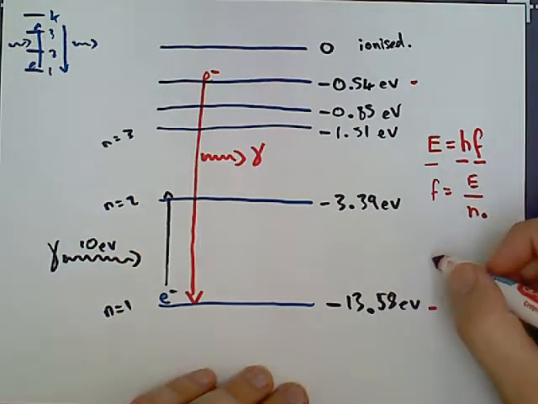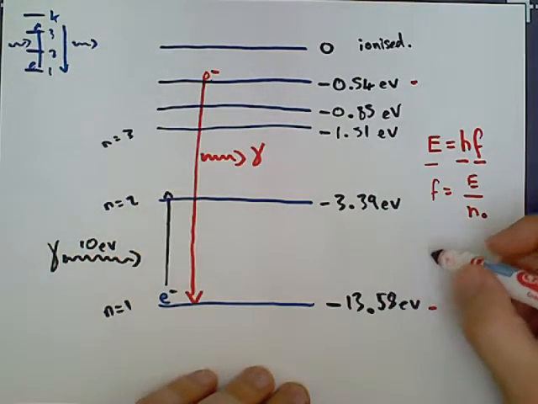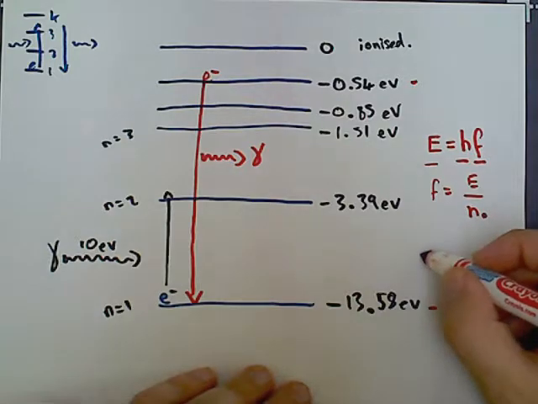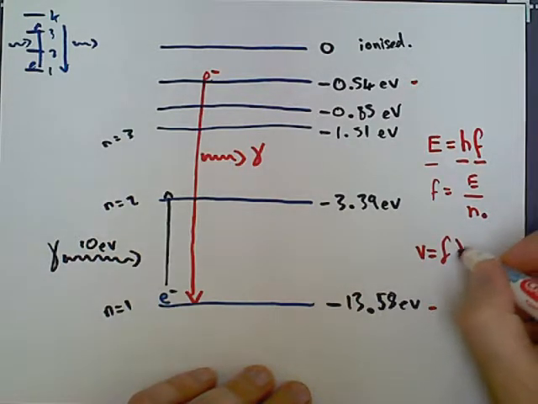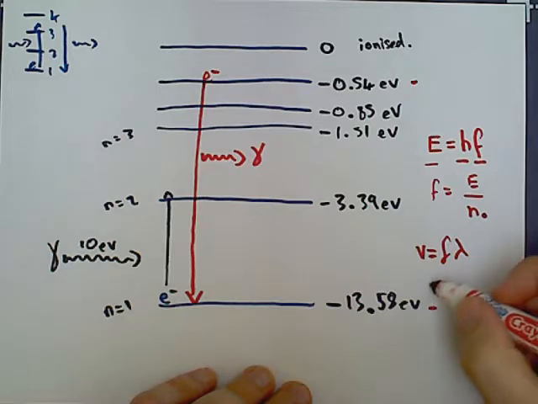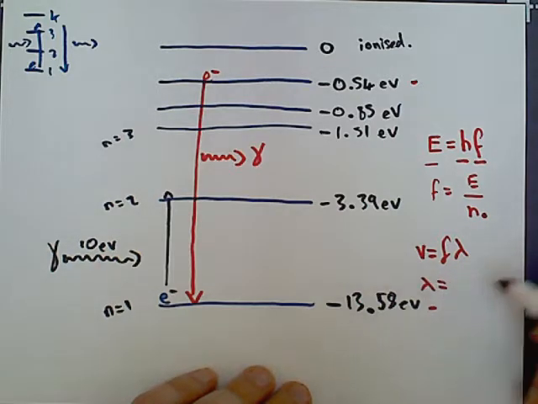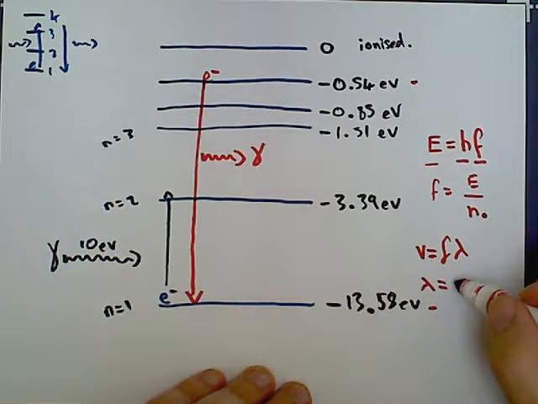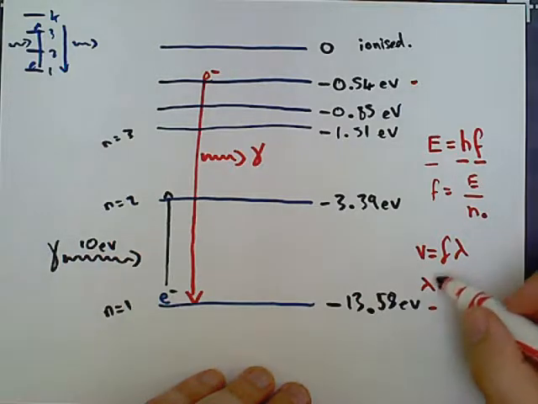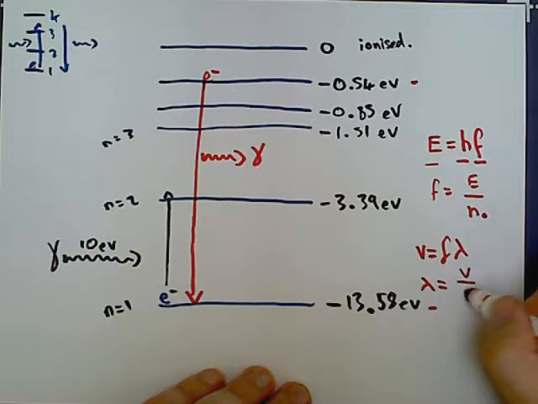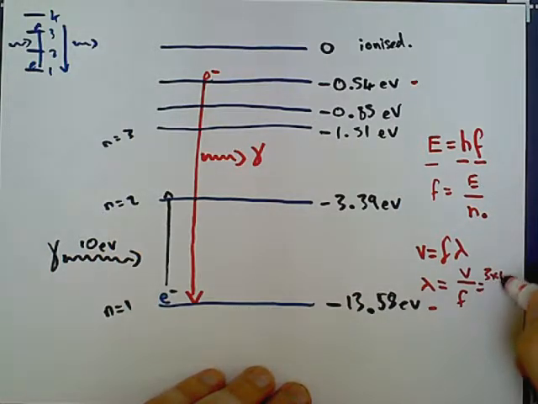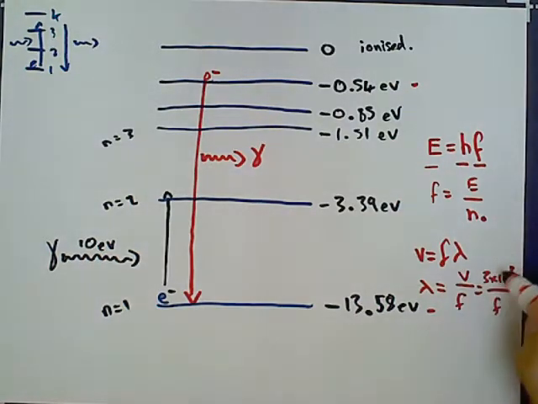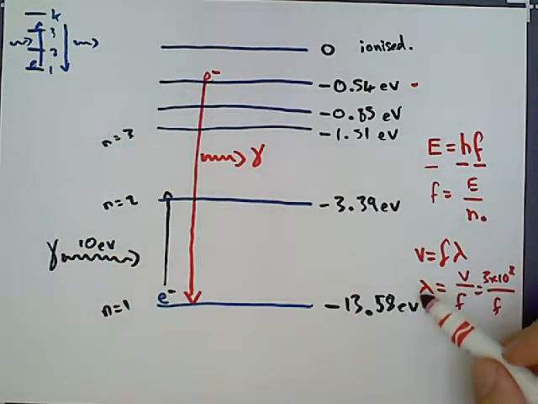From what we've done in waves modules, v is equal to f lambda, or c in this case. So we can also work out the wavelength of the light given off, as lambda is equal to c over f, where c is 3 times 10 to the 8, the constant speed of light, so we can work out lambda.